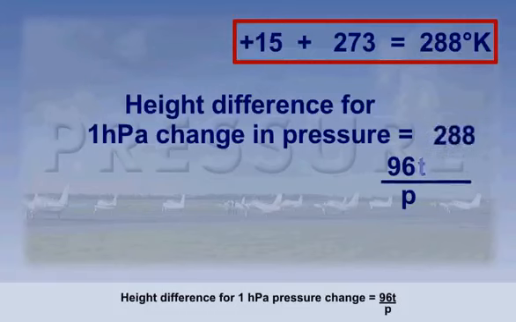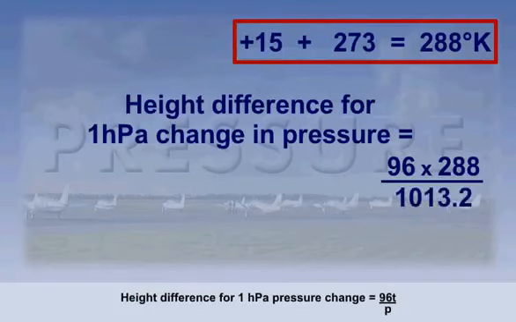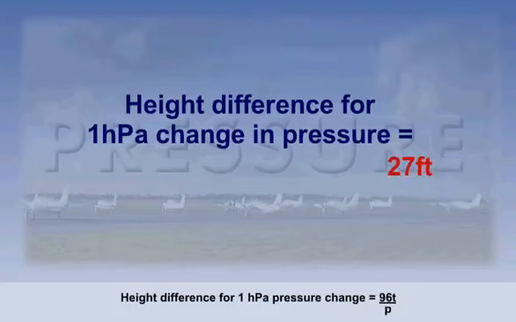Now we have 96 multiplied by 288 degrees Kelvin. The pressure at mean sea level, according to ISA, is 1013.2 hectopascals. The result now shows that a change in pressure of 1 hectopascal at sea level in ISA represents a height change of 27 feet.